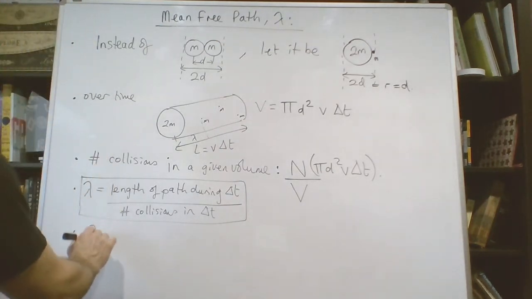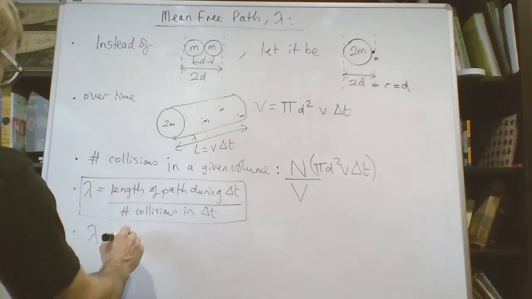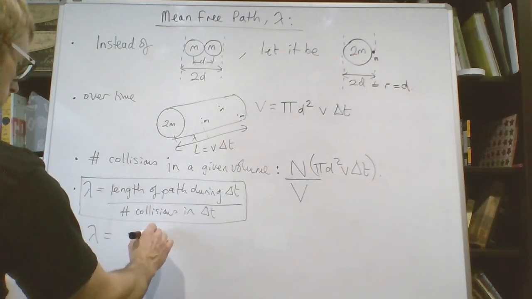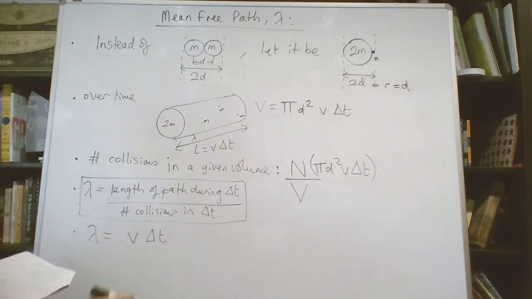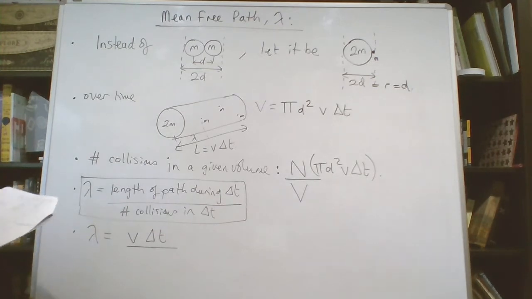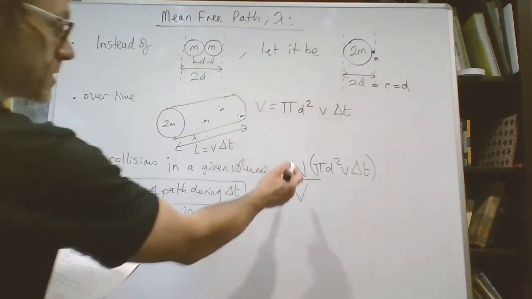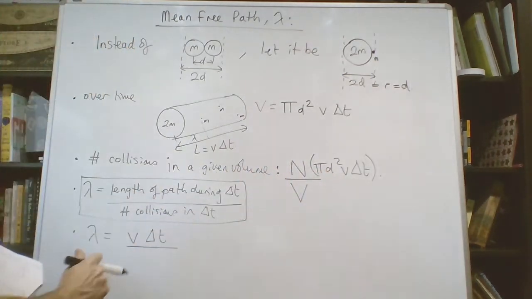So we can see that the mean free path is the length traveled. Well, that's going to be v delta t. That's just our length traveled, divided by the number of collisions that occur, which is just this, because the volume here is going to cancel this volume and we're left with a number.